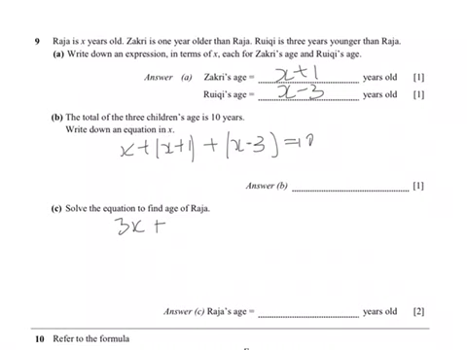Sorry, let me redo this for you. Removing the brackets, you have x plus 1 plus x minus 3 equals to 10.